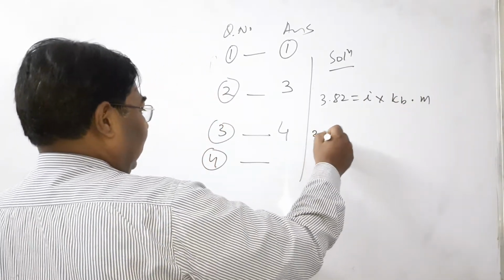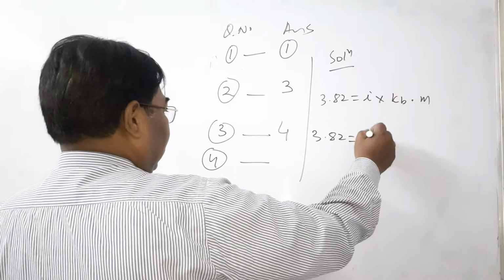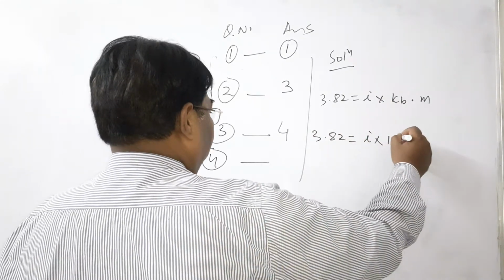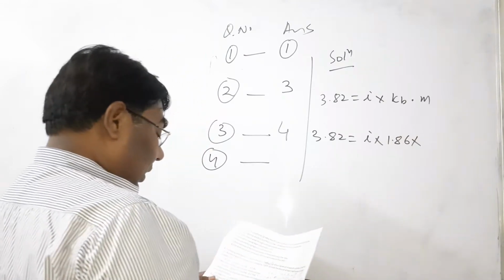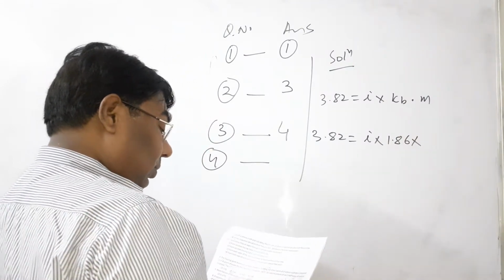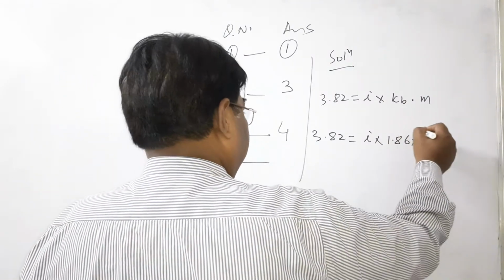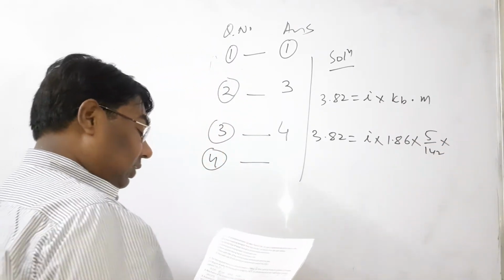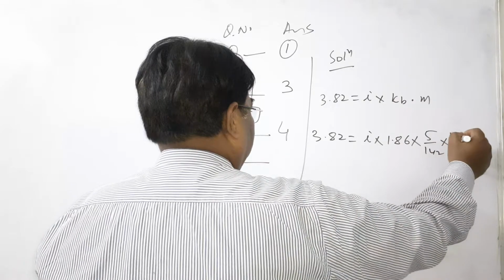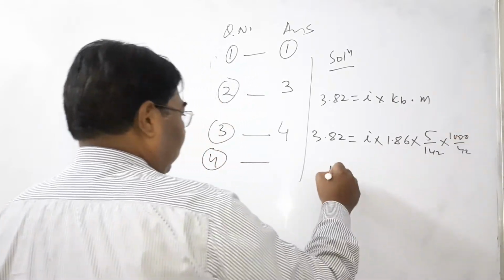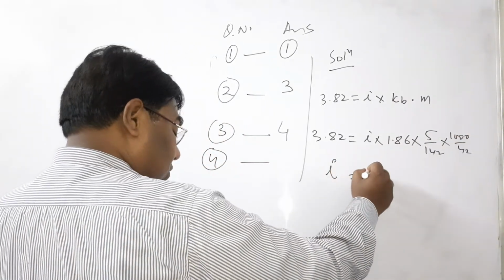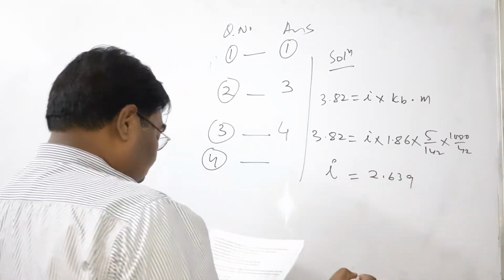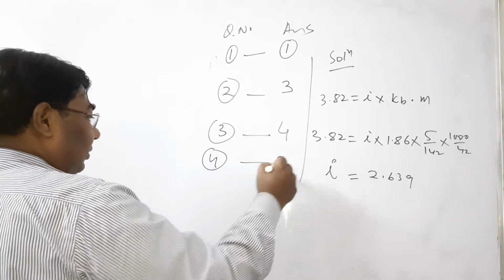So 3.82 equals i into Kb value, which is given as 1.86, into m, which is equal to 5 by 142, molecular weight of sodium sulfate, by 1000 by 42. After calculation, i is equal to 2.639. So the answer will be second.